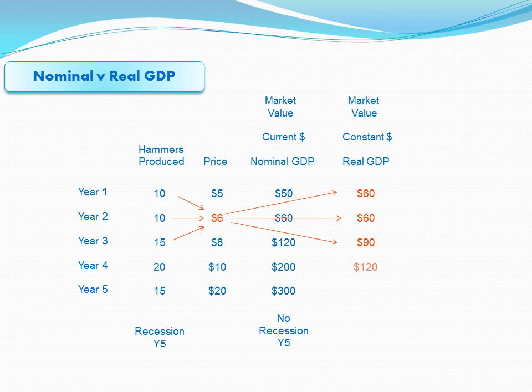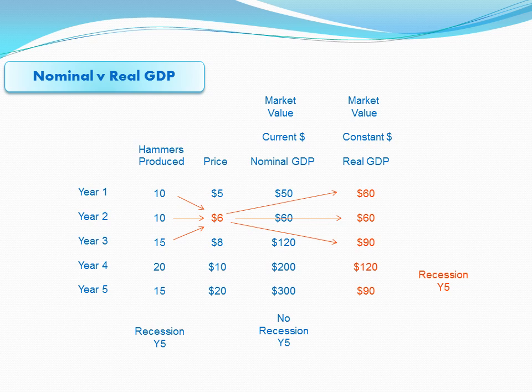Now we get a better reflection of economic activity. As we go to year 5, we can see that GDP has fallen from 120 to 90. So by holding prices constant, we'll get a better measure of real economic activity.